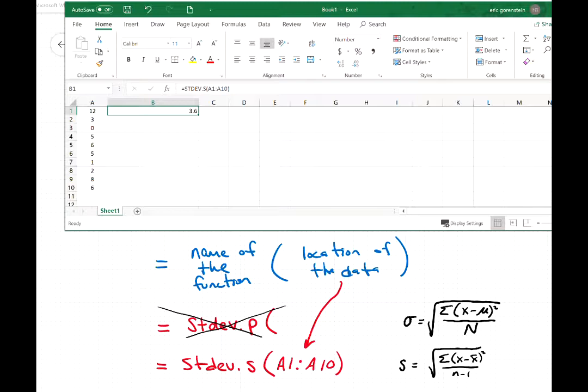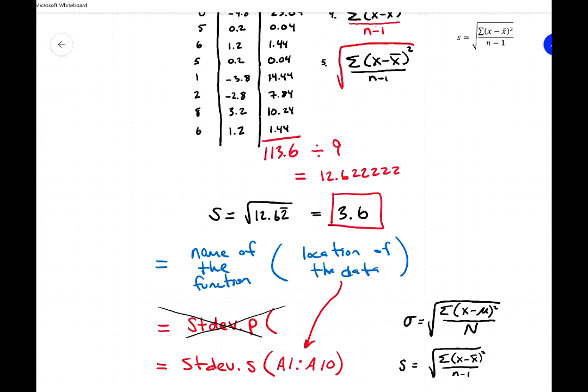So the calculator just took a little bit longer. But what if this problem was 10,000 numbers instead of 10 numbers? If it was 10,000 numbers, it's going to take us hours to do if we're using a calculator. But on Excel, if it's 10,000 numbers, it takes us the same amount of time.